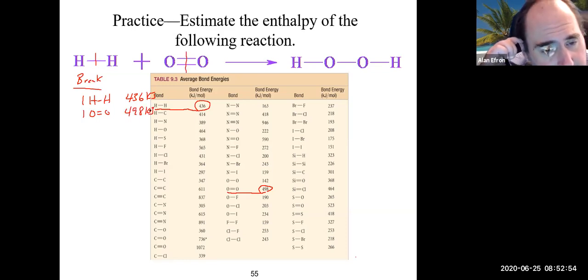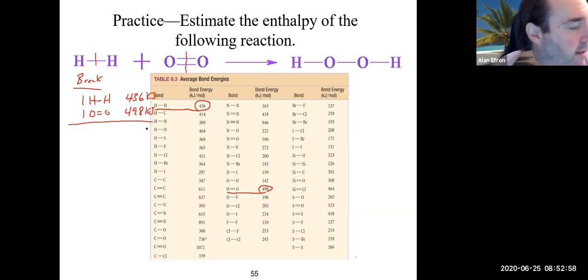And at that point, that is everything we're breaking. If we add that up real quick, 436 plus 498 is 934 kilojoules in terms of the energy to break.